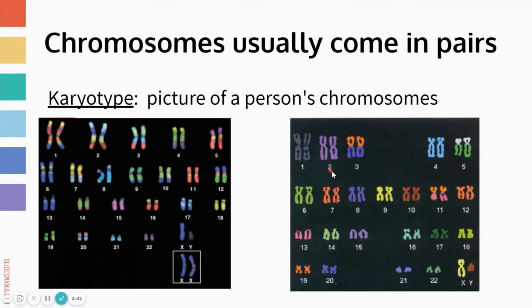If we look at number 2, this is 1 chromosome, even though it's replicated, and this is 1 chromosome, even though it's replicated. So regardless if a chromosome is replicated or not, it's still just 1 chromosome. And we can see from these karyotypes that in humans, at least, each of our chromosomes comes in a pair.